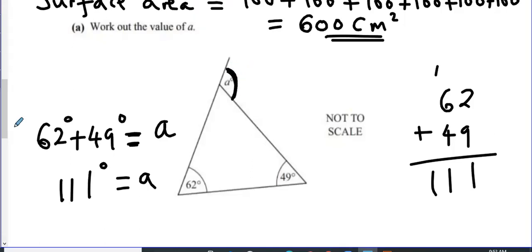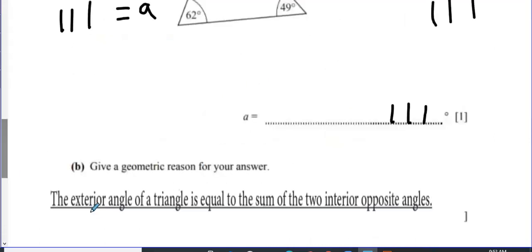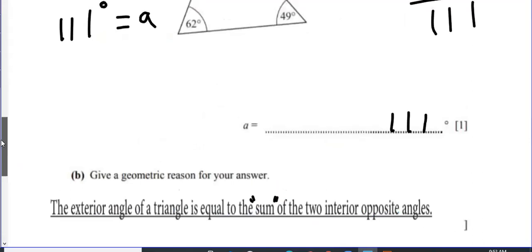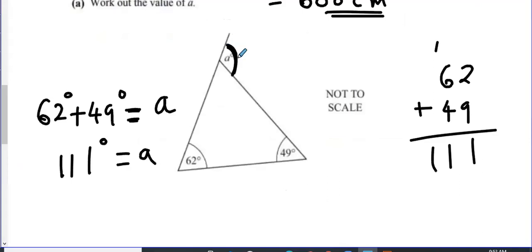Now this exterior angle is equal to the sum of the 2 interior opposite angles. The exterior angle, which is A, is equal to the sum of these 2 other interior angles.